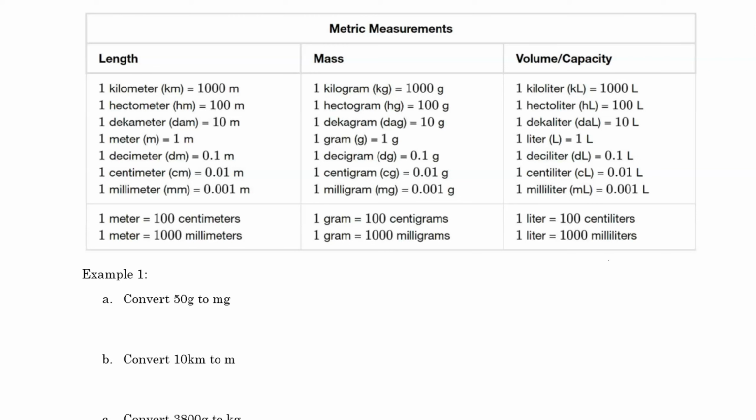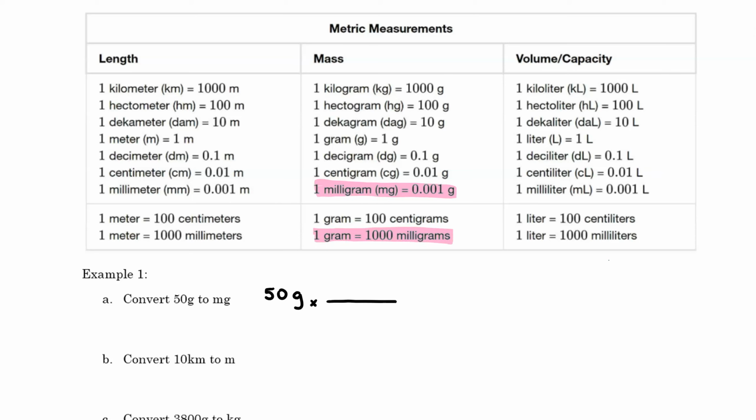Let's try. I've got 50 grams, and I want to convert that to milligrams. So I'm going to look on my chart here, and I see that 1 milligram is 0.001 grams, but I also see that 1 gram is 1,000 milligrams.